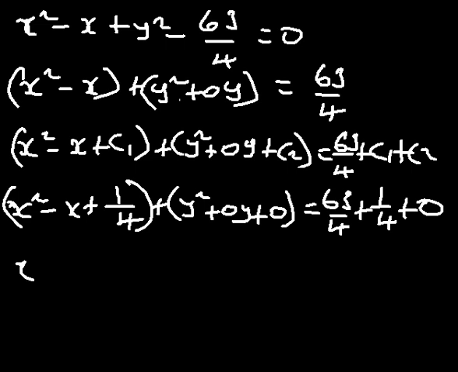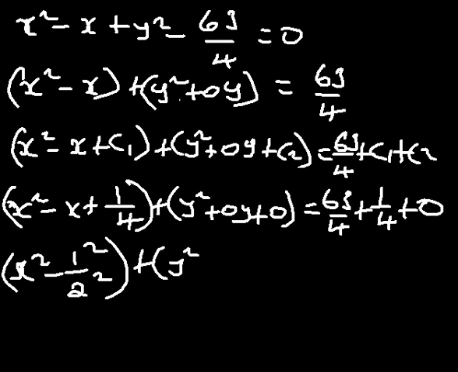So in this case we'll have x minus 1 over 2, to the bar 2, plus y squared plus 0 to the bar 2, which is equal to 63 over 4.